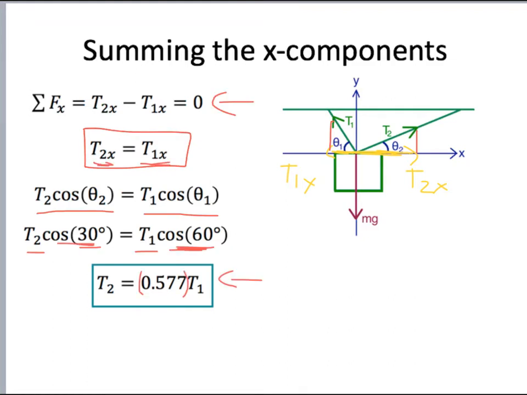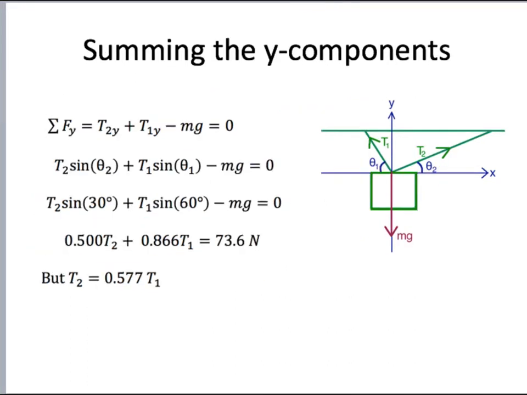And so now I want to do the sum of the forces in the y direction. And remember, I'm going to have a y component here. This is going to be my T2y. And I'll have a y component there. That's my T1y. And so I can see that both of these tensions have y components that are pointing upward, and of course the weight, or the force of gravity, is pointing downward.